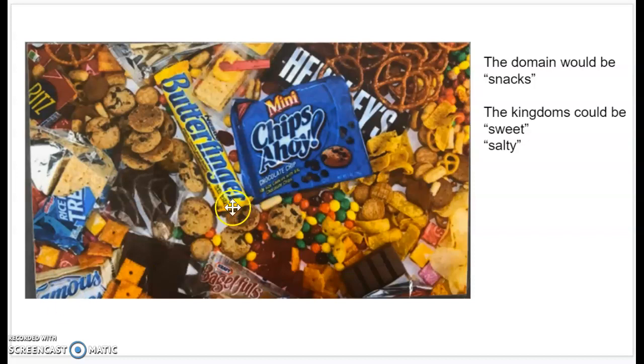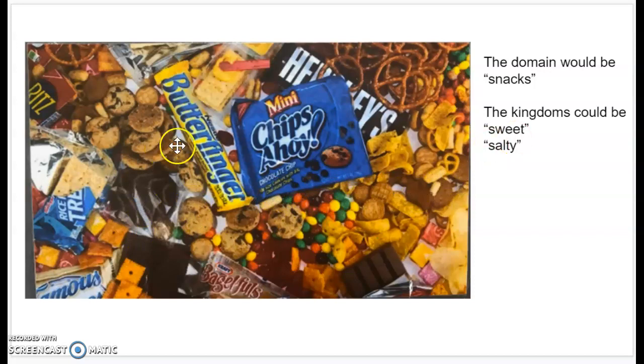When I look at this picture, and maybe you see it a little differently, I would say the domain is snacks. That's the big picture, that we're looking at snacks. Now I could break this down into groups called kingdoms, right? We could even put it in two groups, or kingdoms, called maybe the sweet group and the salty group.